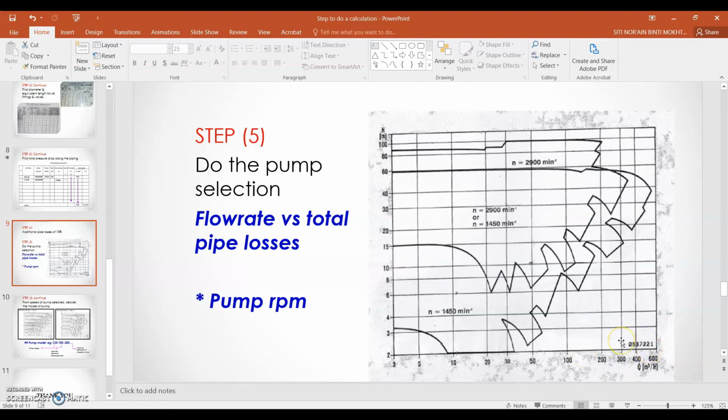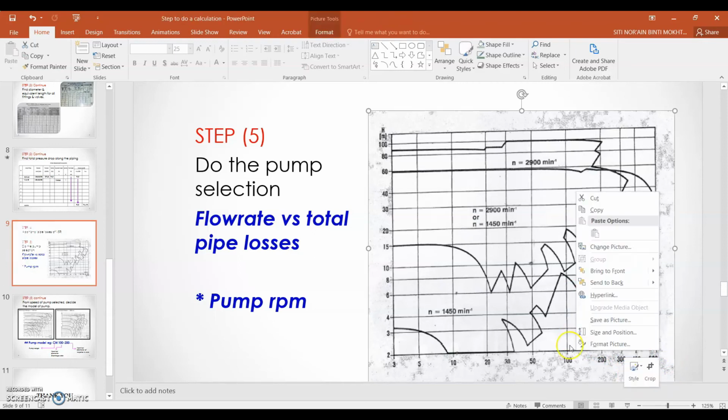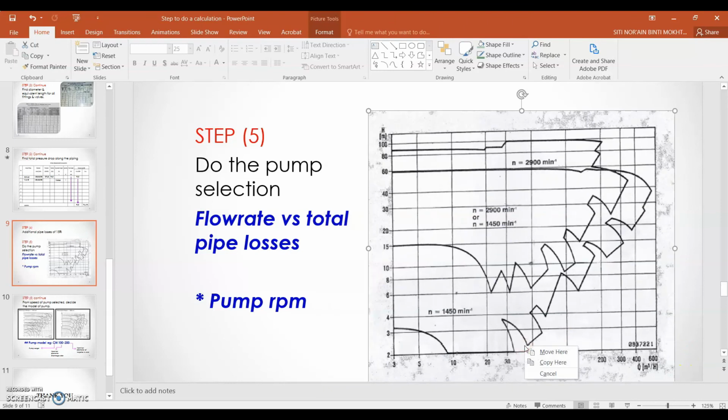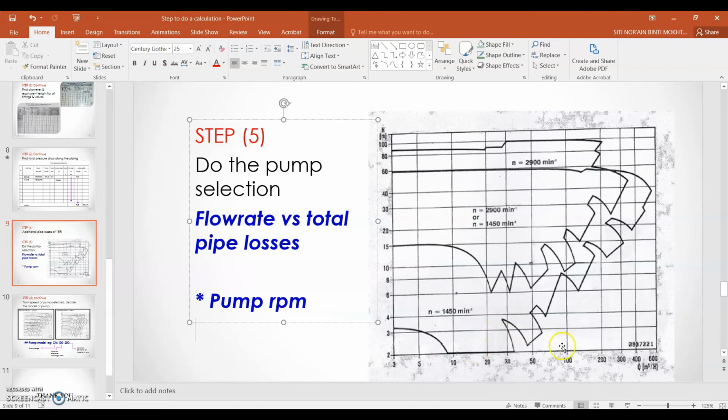That one is in unit US gallon per minute, and you need to convert it to meter cube per hour. After you convert both parameters, you need to draw here.